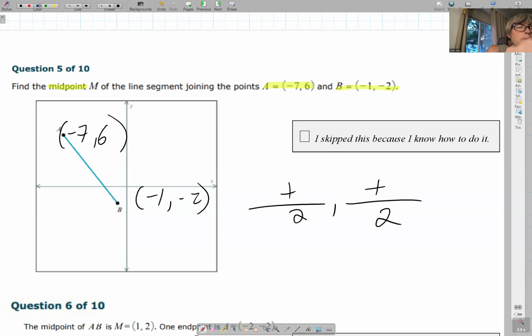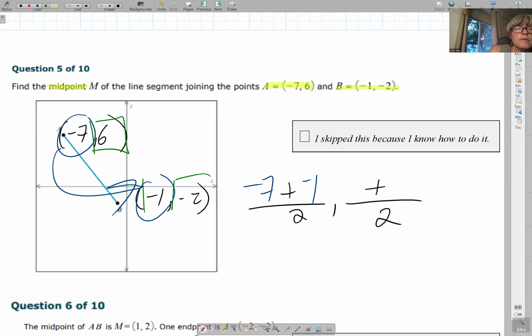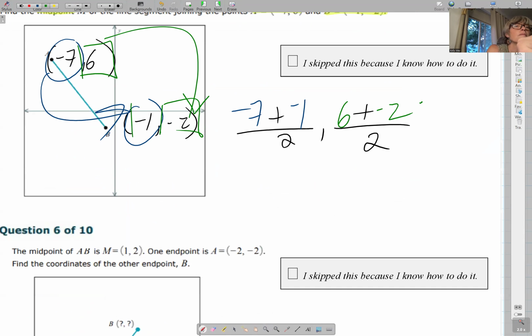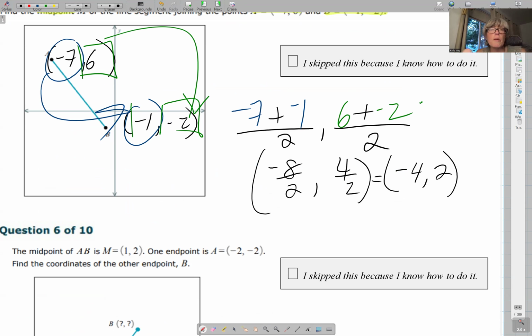I'm going to circle my x's. I'm going to plunk them in left to right. Box my y's, plunk them in left to right. So my midpoint looks like it's -4, 2.